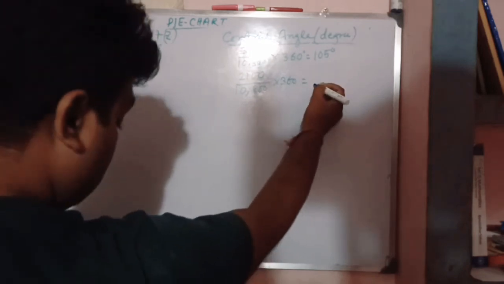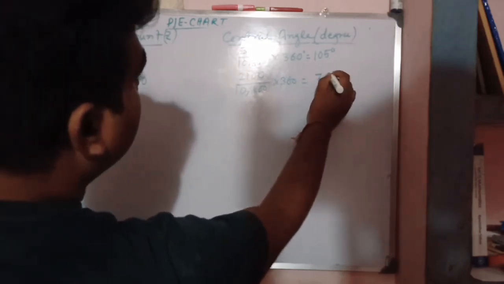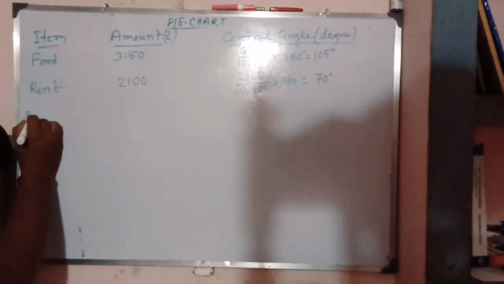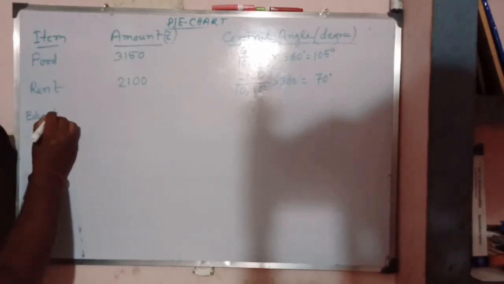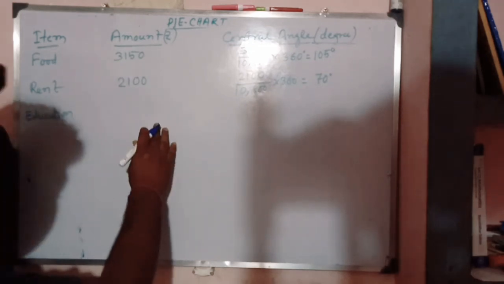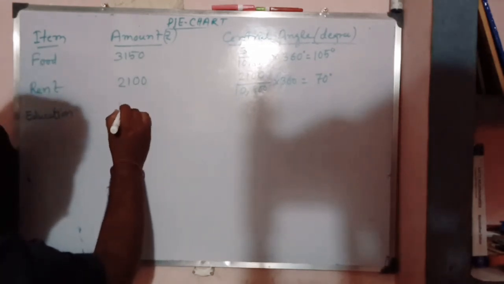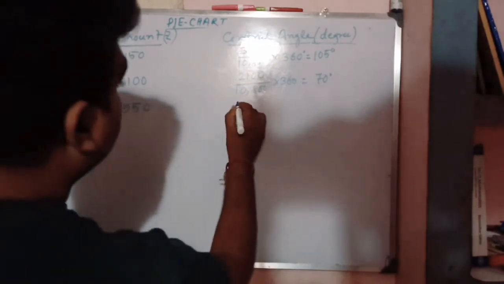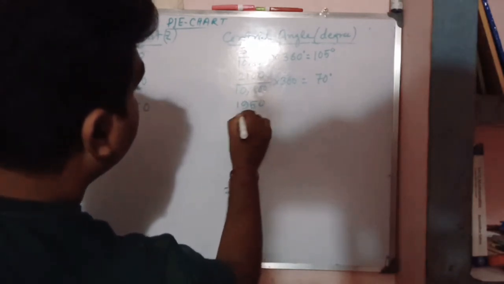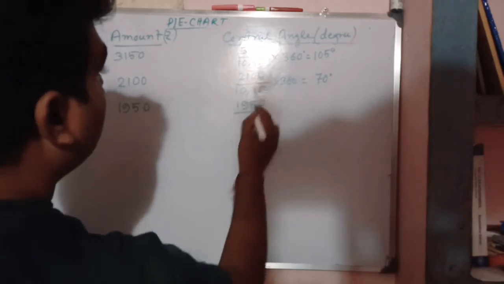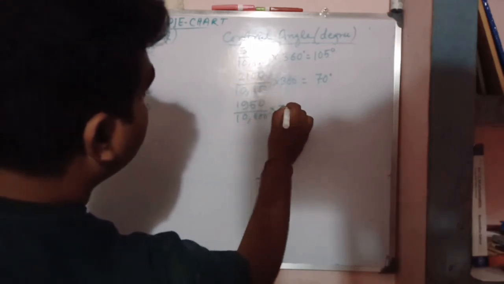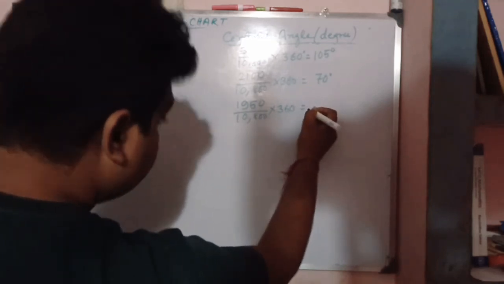If we calculate it, we get 70 degree. Similarly, education 1950. Central angle is 1950 by the total amount 10,800 into 360, that is 65 degree.